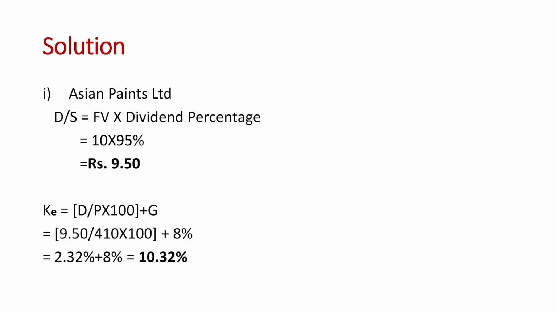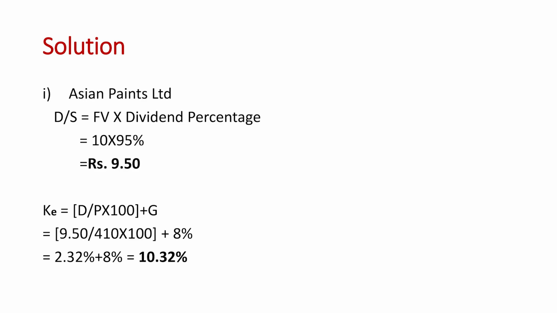Now, we calculated the dividend per share. Then, P value, they are directly given in the problem, that is 410. So, easily we can calculate the cost of equity, that is KE is equal to D is 9.50 divided by P value is 410 into 100, that is equal to 2.32%.